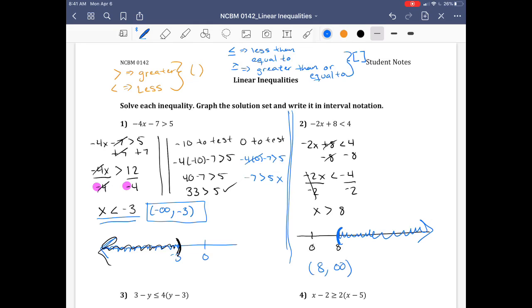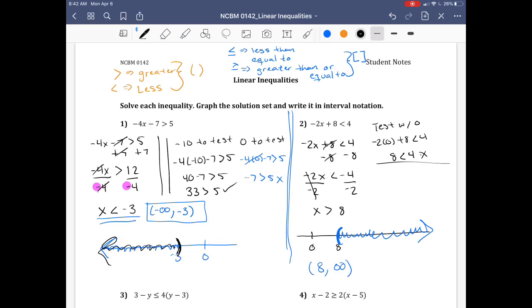Let's see if this is true. I'm going to test with 0. So I have negative 2 times 0 plus 8. Is 8 less than 4? This is false. So that's why I don't shade towards negative infinity.